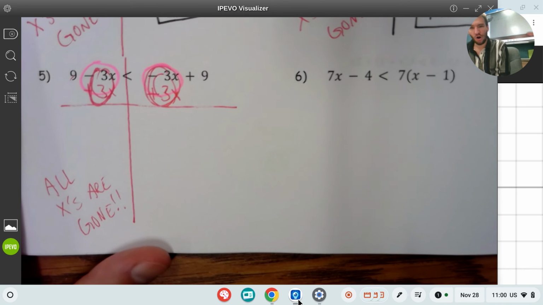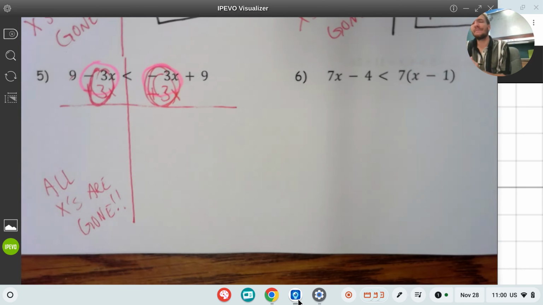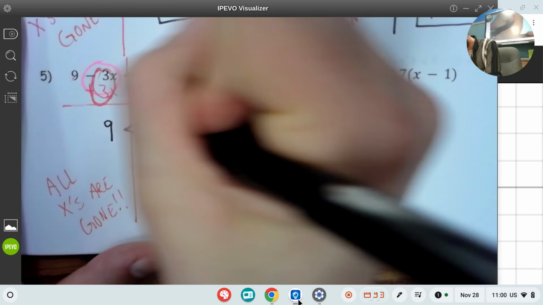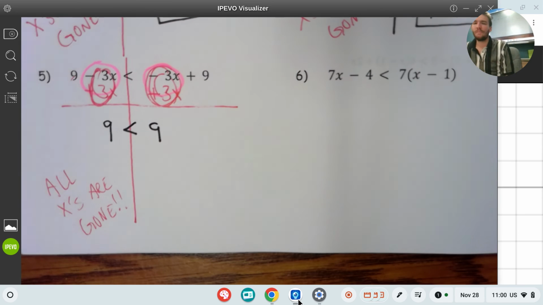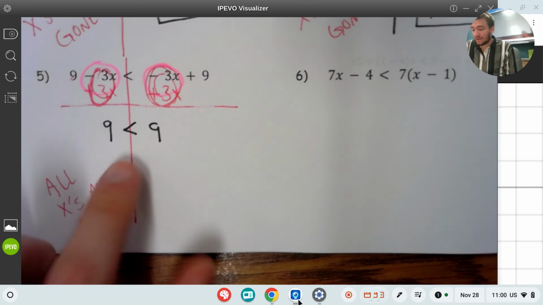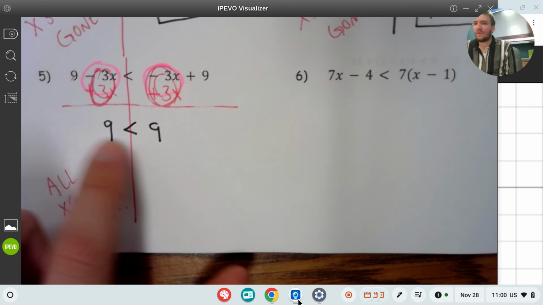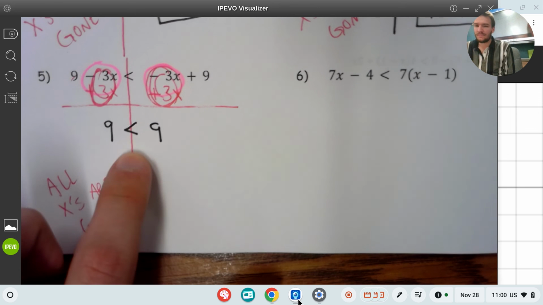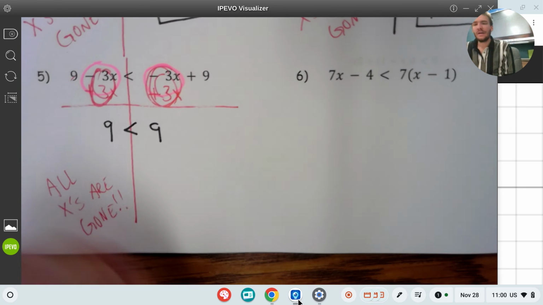So, if all the x's are gone, here's something that I recommend you write. What's left over? 9 less than 9. Don't be so lazy that you don't just write 3 quick signs. This takes literally 1 second to write down. What do you think?